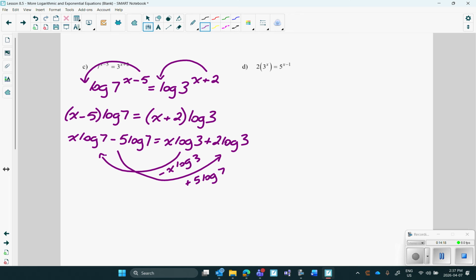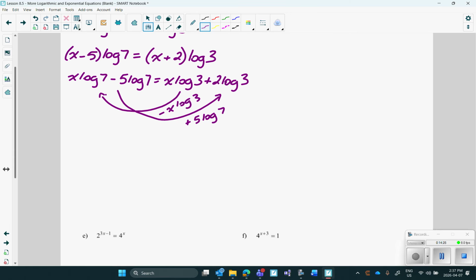So I'm going to get the x terms together on one side and the ones without the x's on the other side of the equation. The left side will now look like, well, I've already got x log 7 here, and I brought this over by subtraction. That will equal, I've already got 2 log 3 over here, and I brought this over by addition.